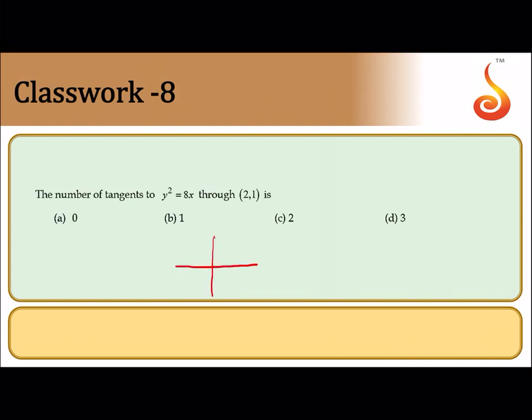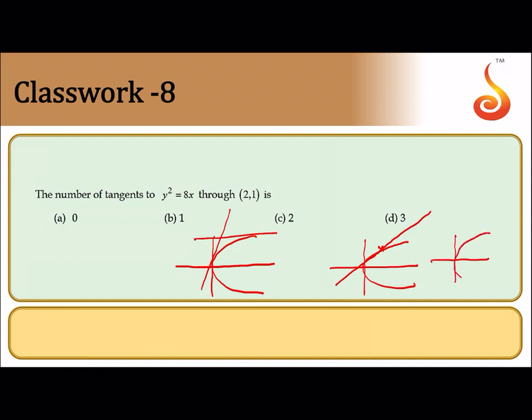Example 8. The number of tangents to y square equal to 4x through this point. So this is the parabola given to you. We don't know if 2, 1 is on the parabola or outside the parabola. If it is outside the parabola, 2 tangents are possible. If it is on the parabola, only 1 tangent is possible.